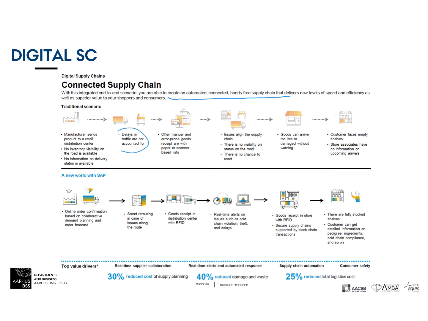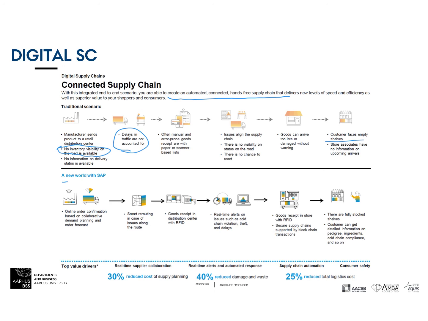For example, there are delays in transportation, no inventory visibility on the road, often manual and erroneous goods receipt with paper and scan-based lists, and customers face empty shelves, basically stock-outs, or low utilization of shelf space.